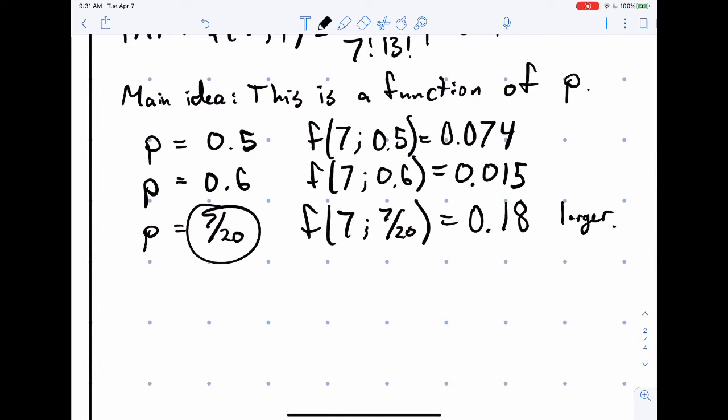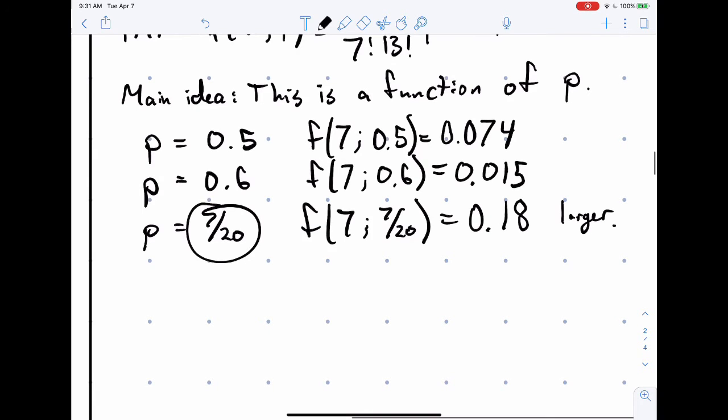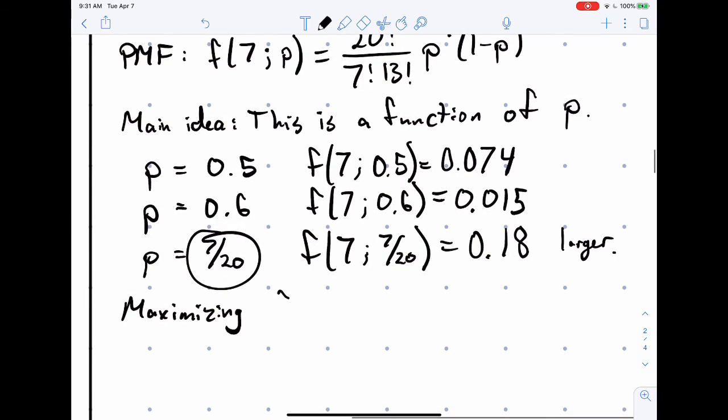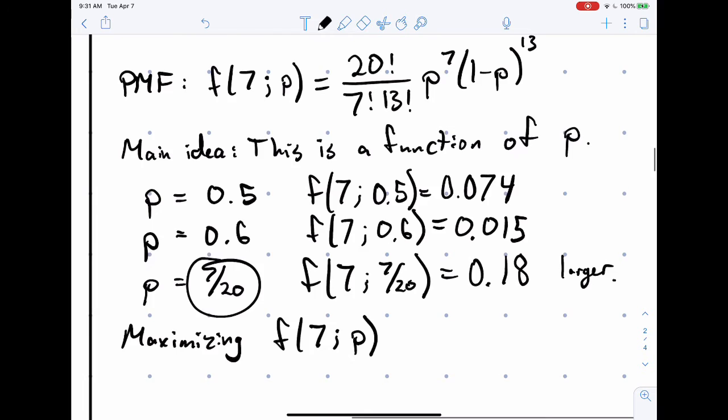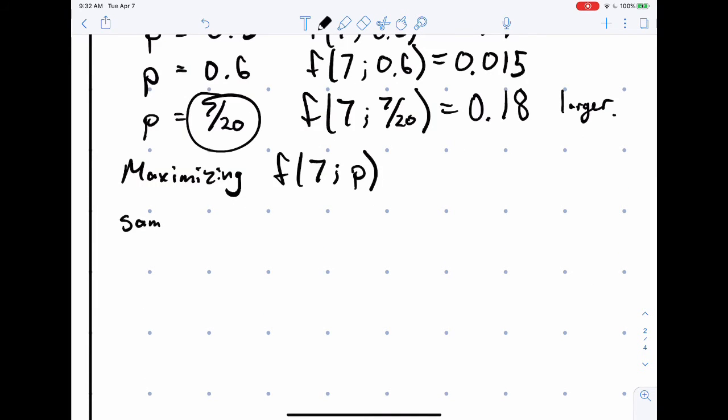So let's maximize this likelihood function. Maximizing f of 7, p. This is the same as maximizing the log of f of 7, p.